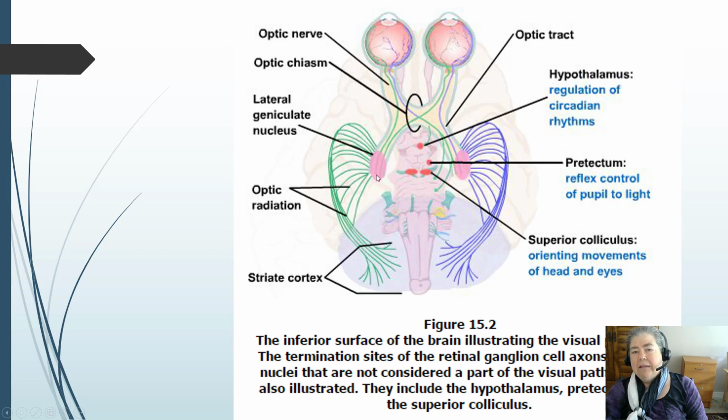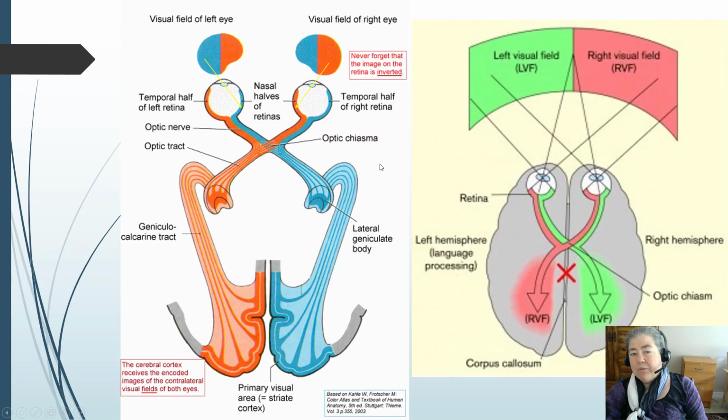The light levels also travel to the Edinger-Westphal nucleus because of the light reflex of the pupil. They also travel to the superior colliculus because eye movements and head movements have to be coordinated. So there's stuff going on in there to help coordinate how all these muscles work together. But the primary visual information is going to the thalamus, to the lateral geniculate nucleus, and synapsing there.